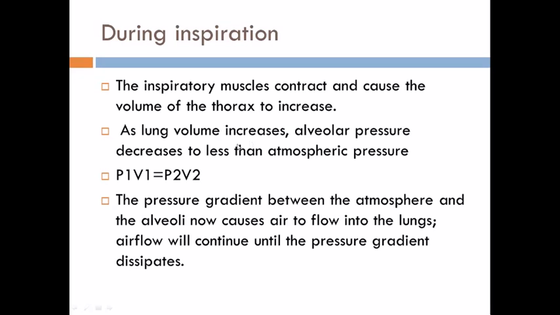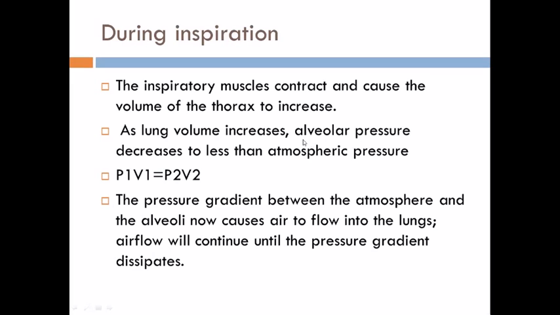As the thoracic cage's volume increases, it pulls the lung with it, because they are both connected by the pleura, the visceral pleura being on the lung and the parietal pleura being on the thoracic cage.